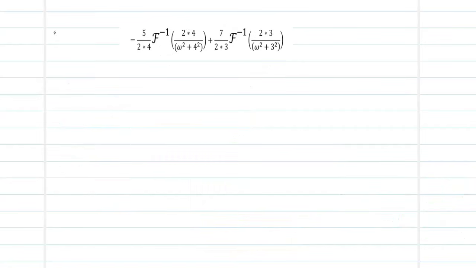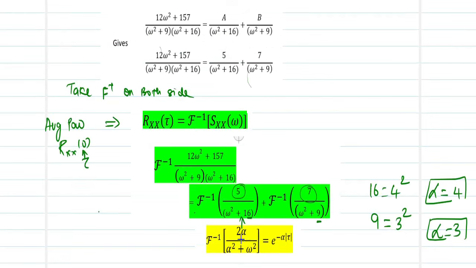So taking out 5 outside, multiplying by 2 alpha, 2 into 4, and dividing by the same 2 into 4, and taking 7 outside, multiplying by 2 into 3, 6, and dividing by 6 for balancing, this is going to be my formula. Now I can apply this formula: 2 alpha by alpha square plus omega square has Fourier inverse e power minus alpha into modulus of tau.